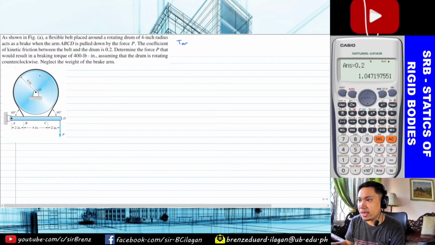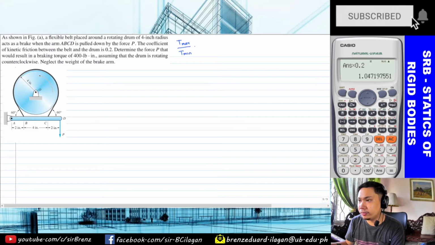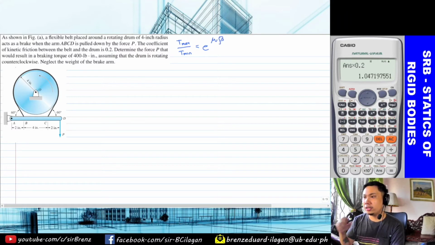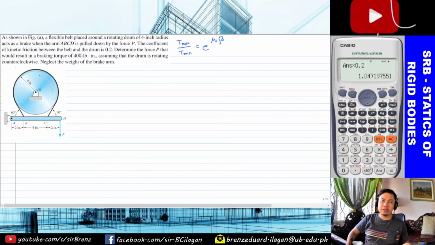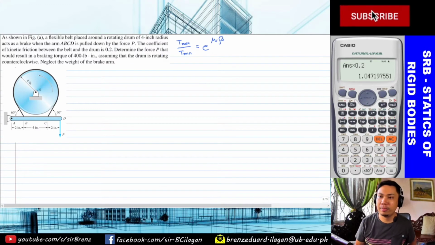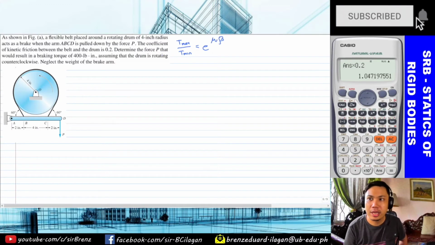So, T max all over T min is equals to e raised to mu beta. So, yung mu mo is yung coefficient of friction times beta. So, before kasi, do sa mga previous chapter, di ba kapag may pulley ka, yung tension do sa magkabilang side is equal. Kasi nga, ina-assume natin that yung pulley mo is frictionless.